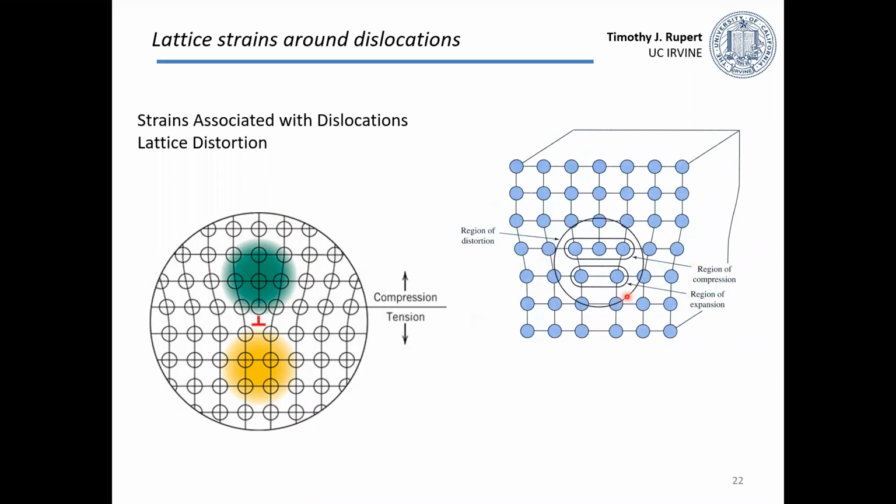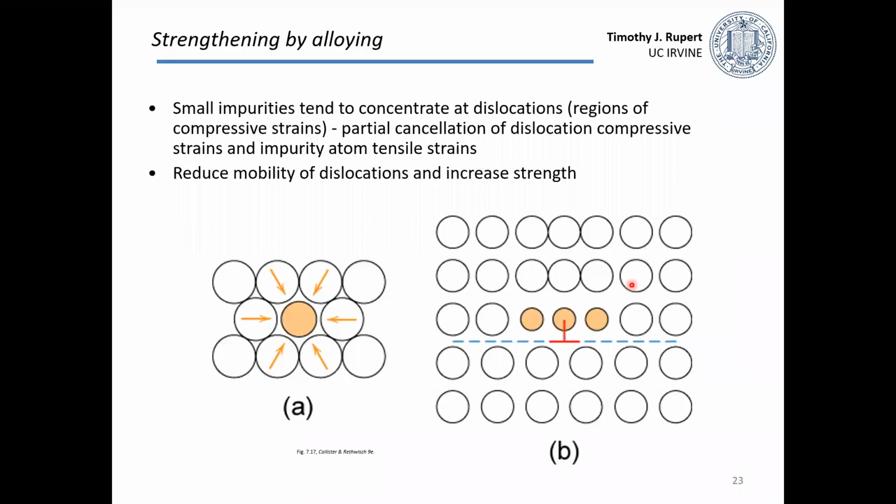Generally, you have this region around the dislocation where you have some distortion of the lattice. Now, if I add other elements into my system, they're going to be attracted to certain regions around these dislocations. So we can think about, for example, if we add some alloying element. Our original atoms were these white atoms, and we add this orange atom in the middle.